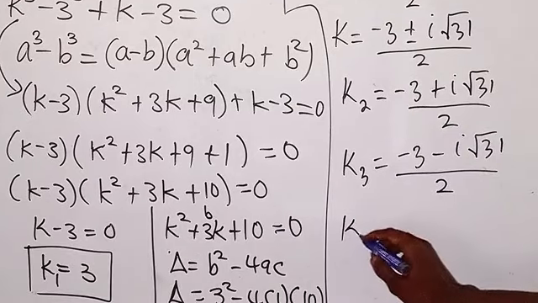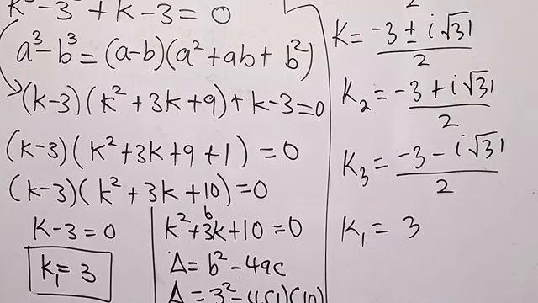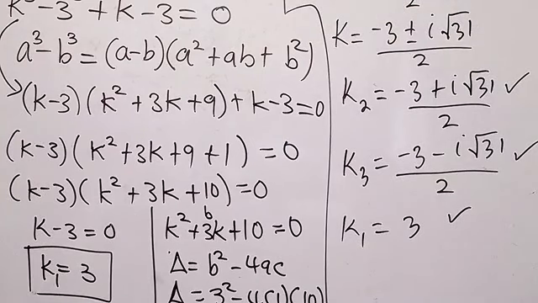Then bringing the one we got before, k1, to be 3. So we have 1, 2, 3. Those are the possible values of k.